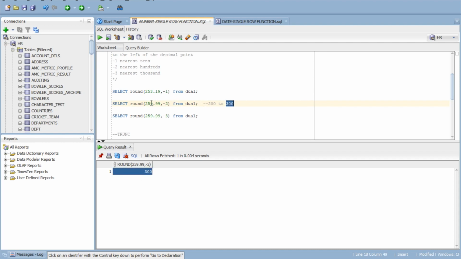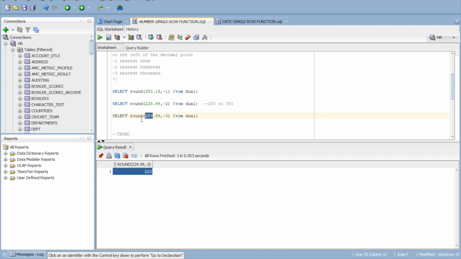But if I give 229 instead of 259 and execute the query, I got 200, because 229 is nearing 200. The next one, -3, stands for 1000. But here the number 259.99 itself is only a hundreds number, not a thousands number.